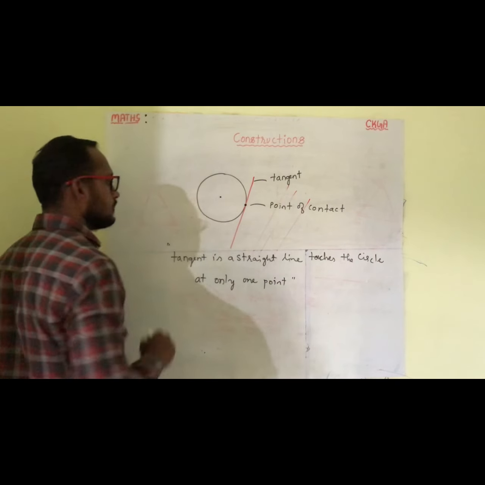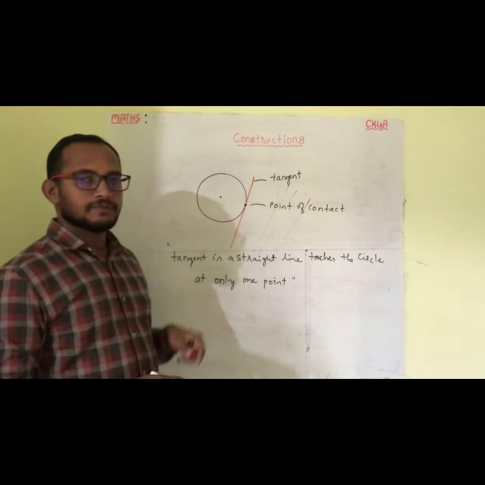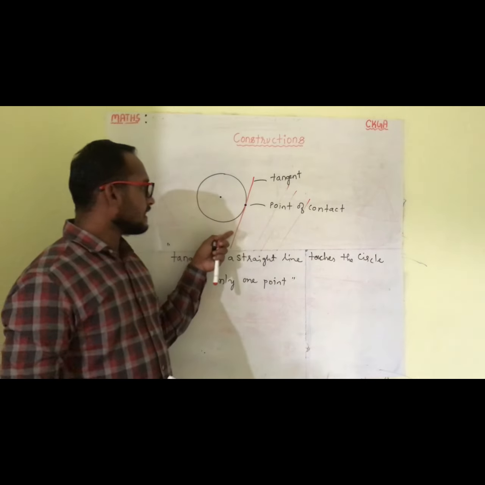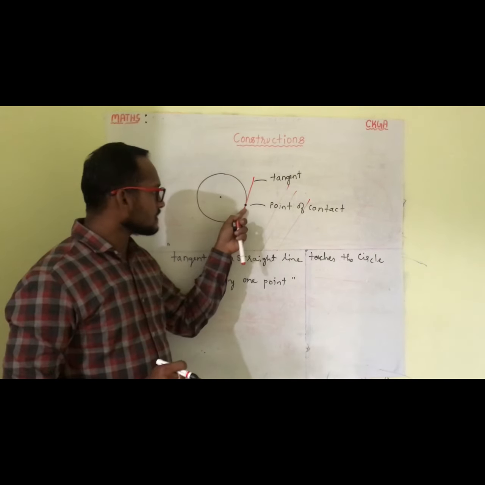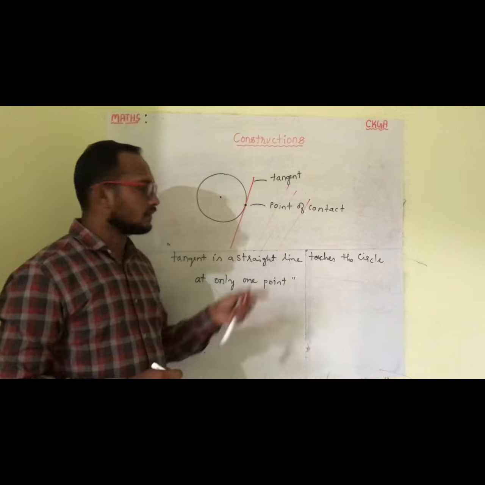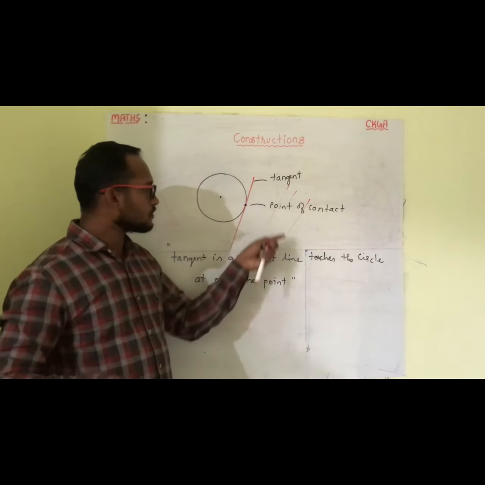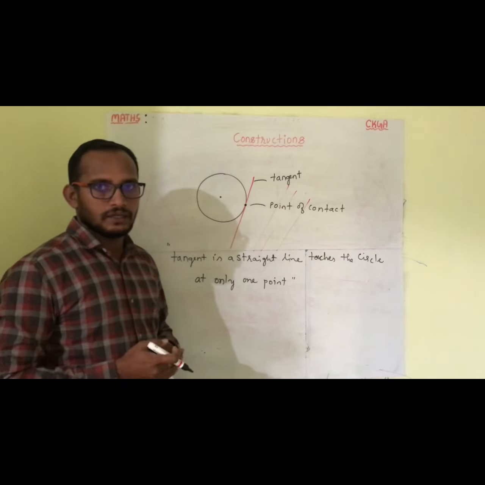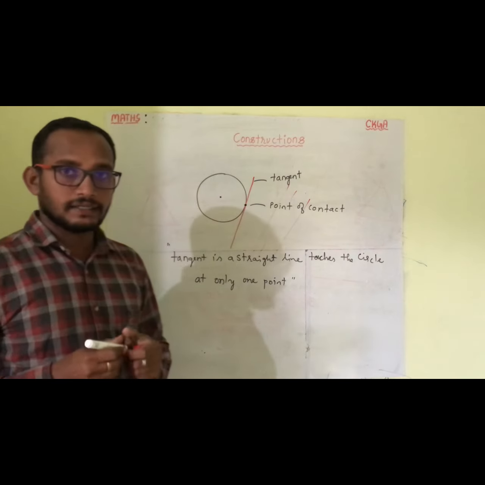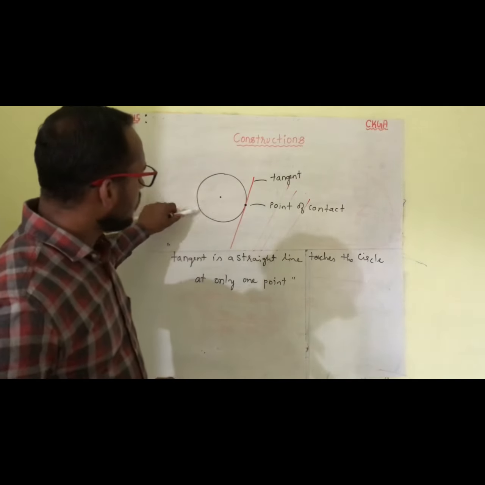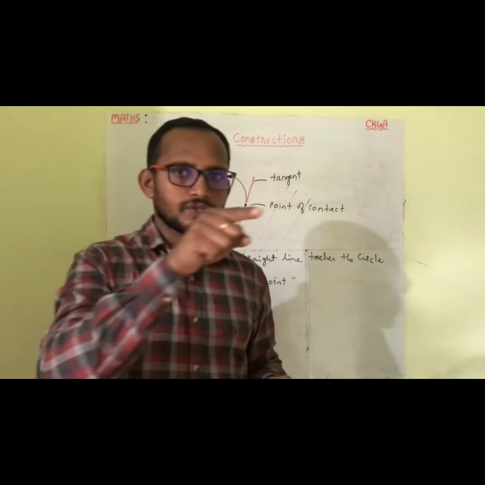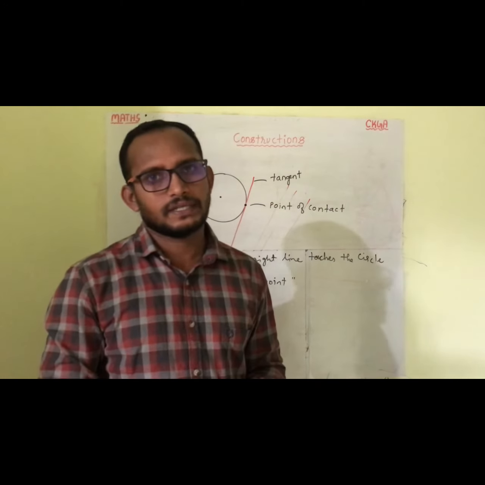So this is what a tangent is. Keep these ideas in your mind. A tangent is a straight line which touches the circle at only one point. The point where the tangent touches is called the point of contact. So keep these three ideas. This third idea will help you to solve the second exercise of the constructions.